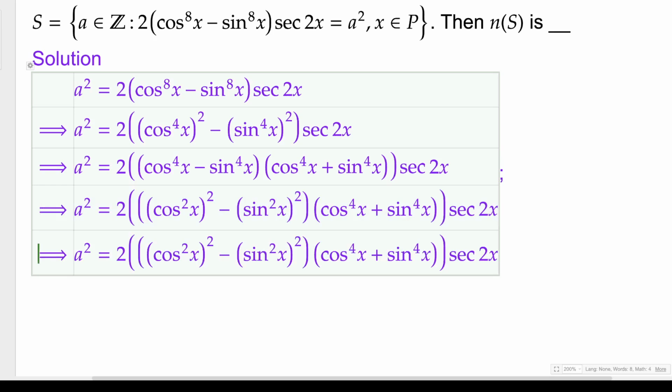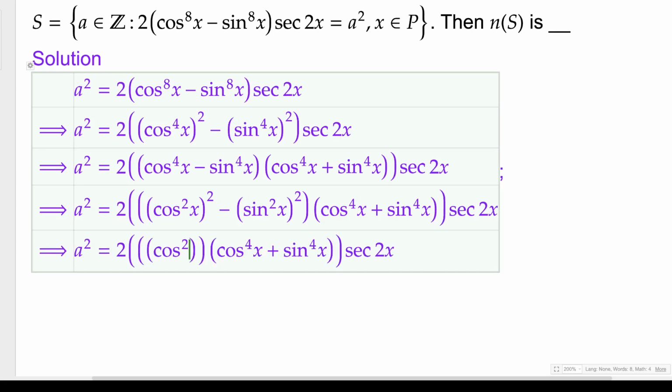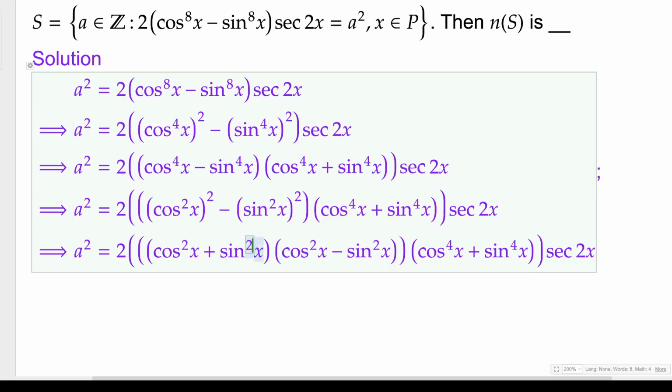So from this one we can write cos x square plus sin x square times the very same quantity with negative sign, and we can clearly observe that this one is 1.